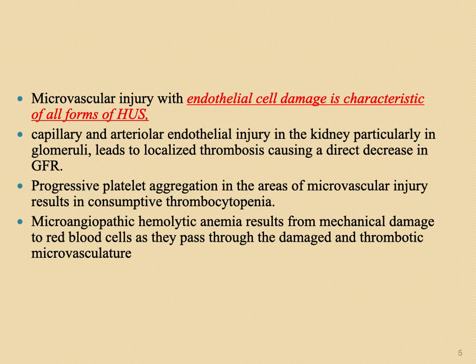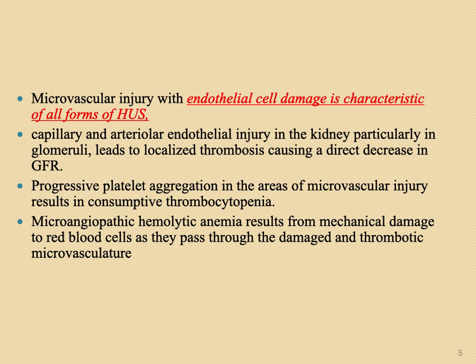Understanding the pathogenesis of this disease is very important. It can simply lead us to the characteristic features and manifestations of the disease. In all forms of hemolytic uremic syndrome, the underlying pathology is microvascular injury with endothelial cell damage. Usually, the capillary and arteriolar endothelial injury in the kidney, especially in the glomeruli, will result in localized thrombosis that causes a direct decrease in the glomerular filtration rate.